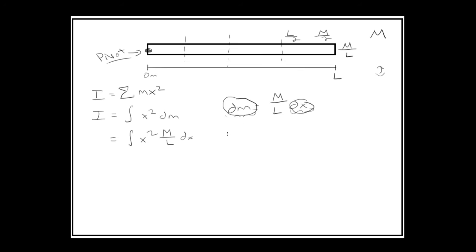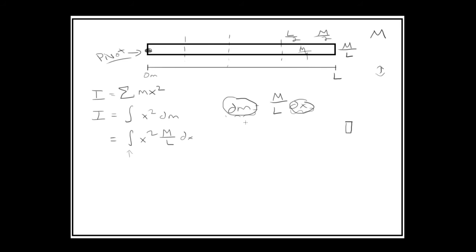Now, when we're dealing with integrals, each infinitesimally small section of this rod is of equal size, so they must all be of equal mass. For example, since we divided this into 4 sections, each section's mass would always be M over 4. Similarly, if we had an infinite number of sections, each section would have the mass M divided by the length of the section.